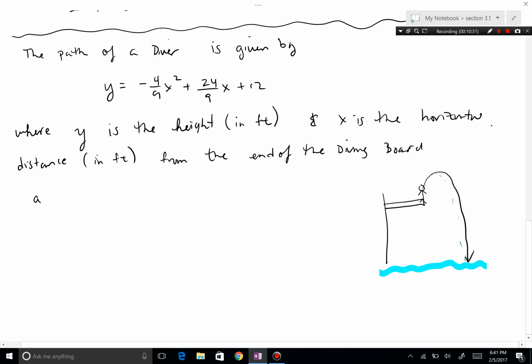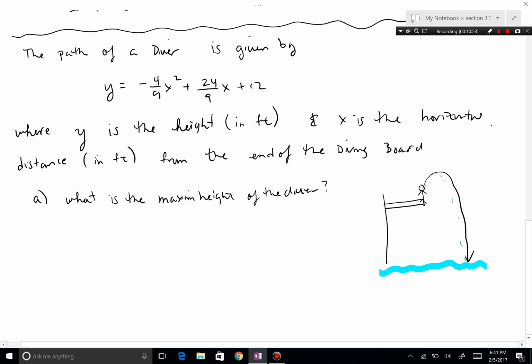So here's question A. What is the maximum height of the diver? And this kind of makes good sense because he's bouncing up and down. He jumps and then makes his plummet, right?